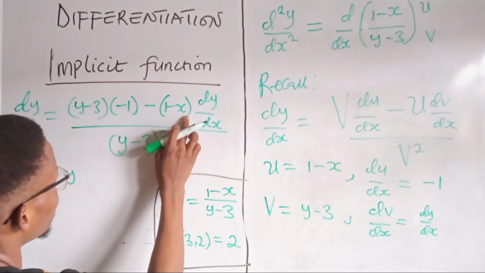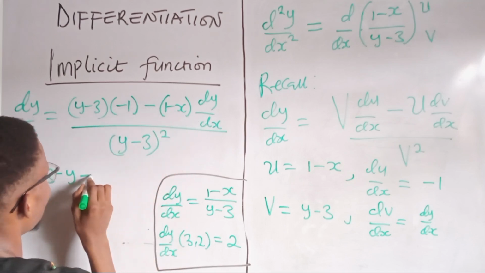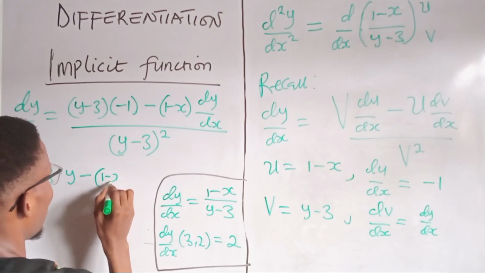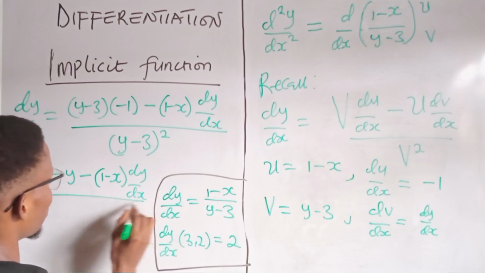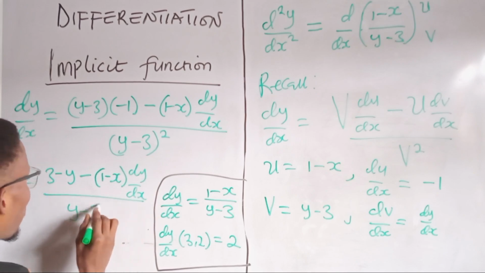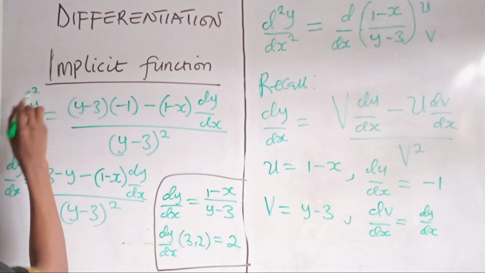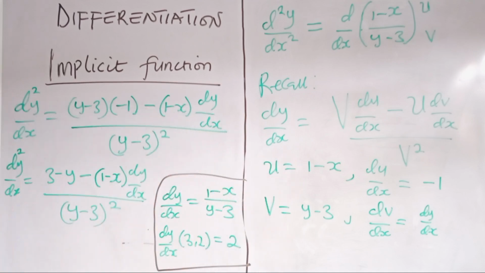And on this side, you use this minus to multiply, and you're going to have minus (1 minus x) dy over dx, then divided by (y minus 3) squared.